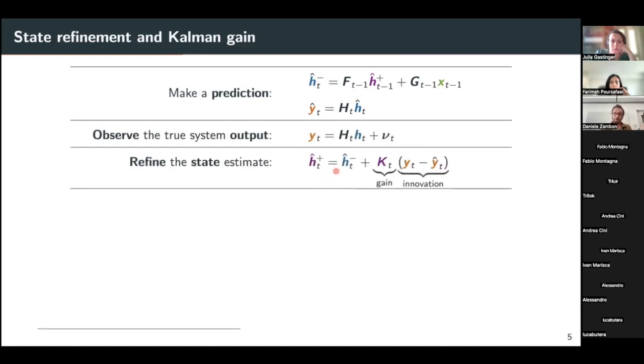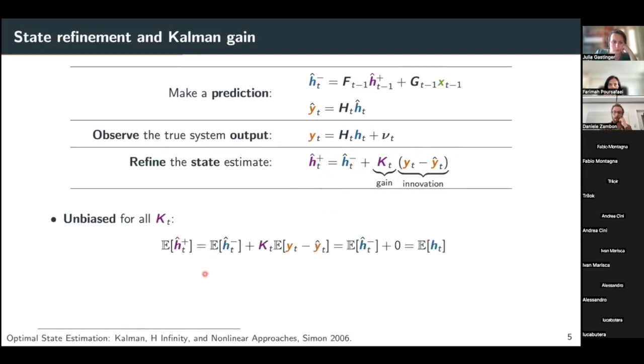The Kalman refinement is pretty simple in formula, because it's a displacement with respect to the previous state, to which we add the innovation, which is the discrepancy, multiplied by a matrix. This matrix is typically called the gain, or Kalman gain if it is derived according to the Kalman procedure, and it allows us to improve over this.